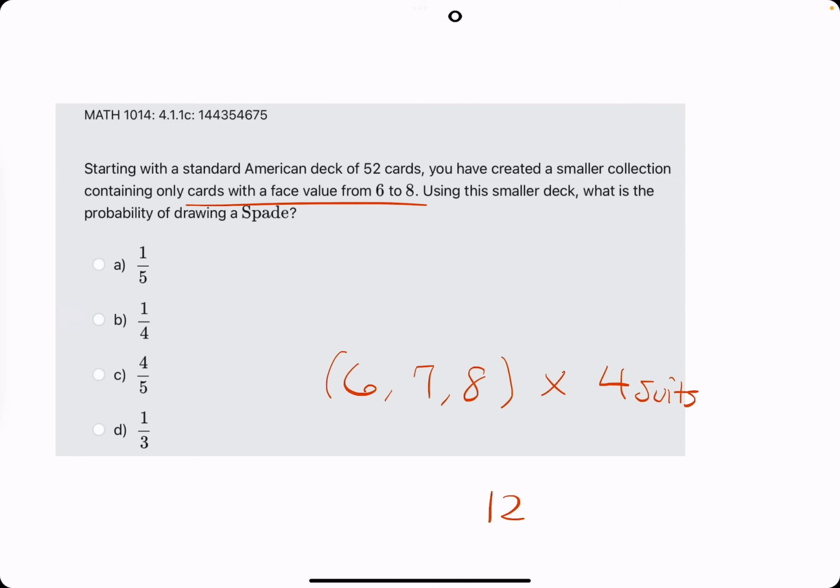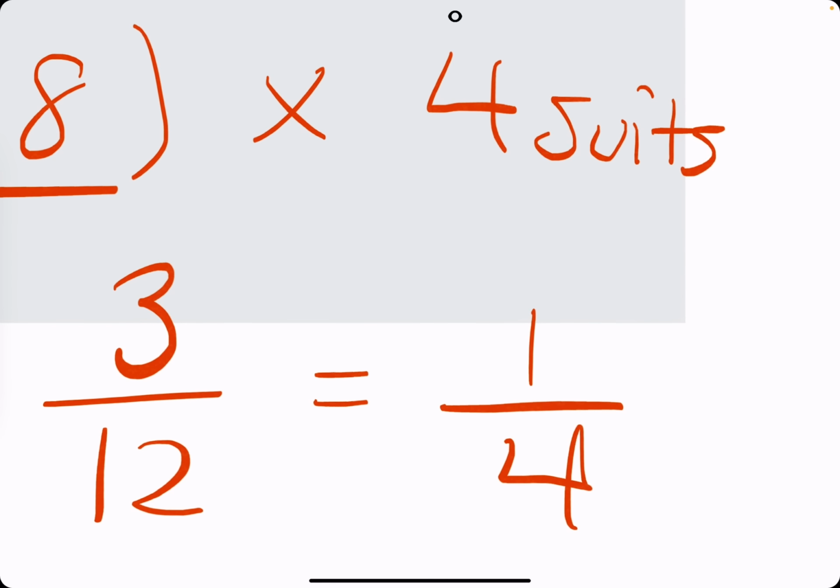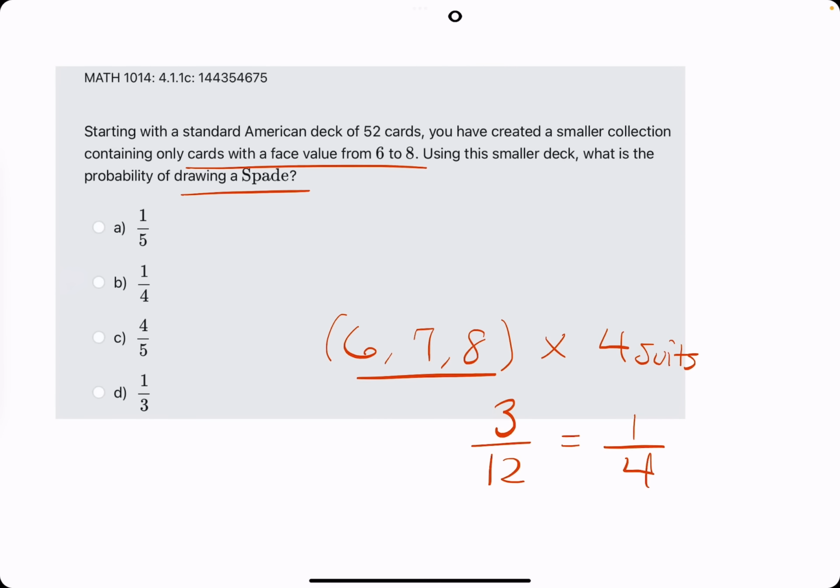Using the smaller deck, what is the probability of drawing a spade? So now it's not a spade, it's what's the probability of drawing a spade. The spades make up 3 of those 12 cards, or you can think about it as the spades are one of the 4 suits. So either way, we're getting 1/4.